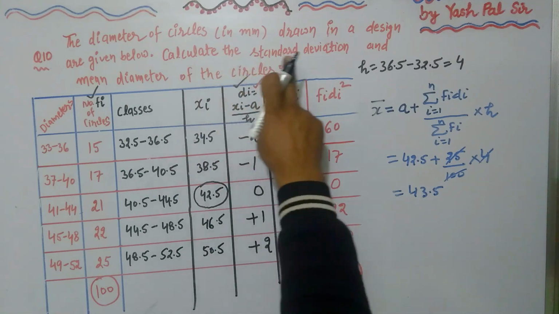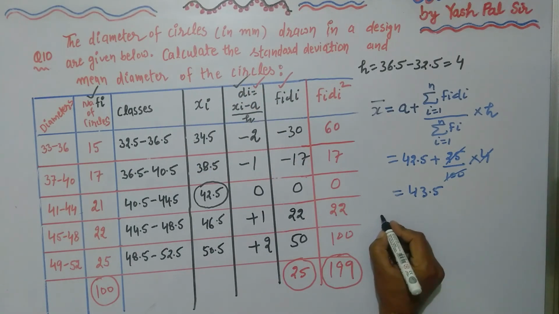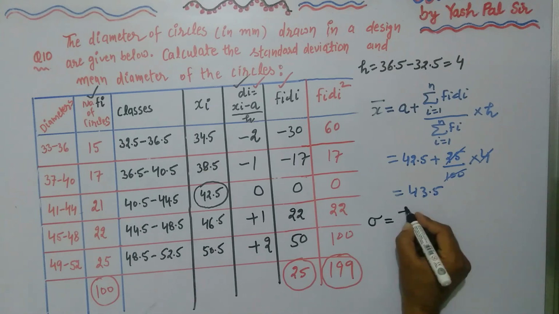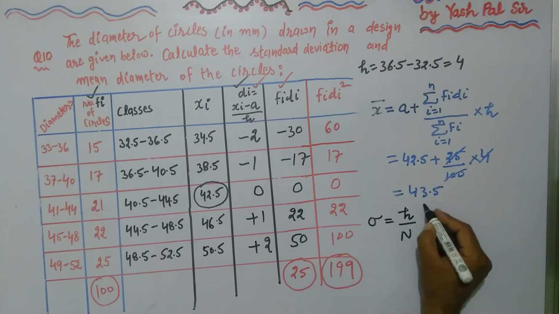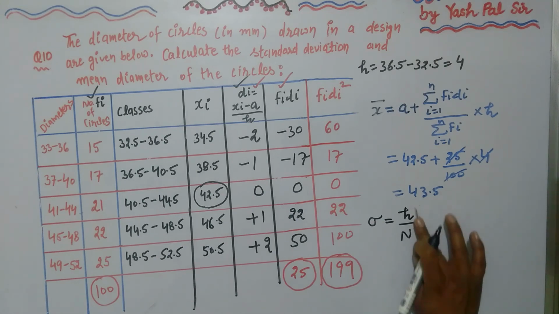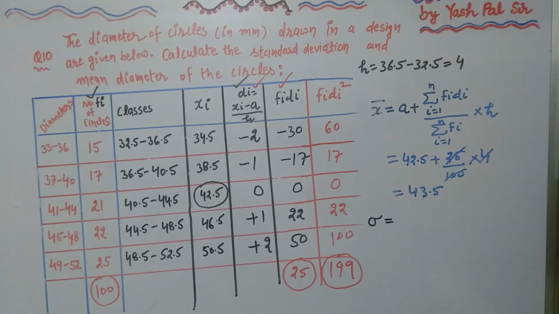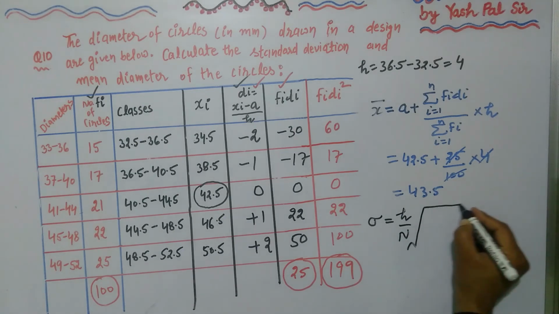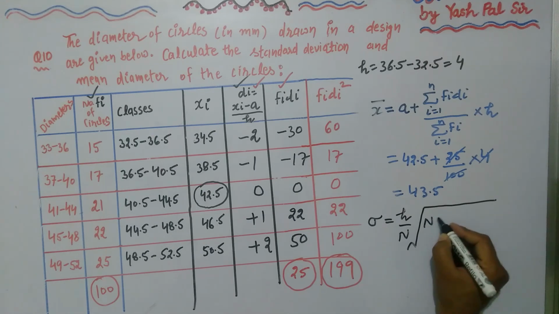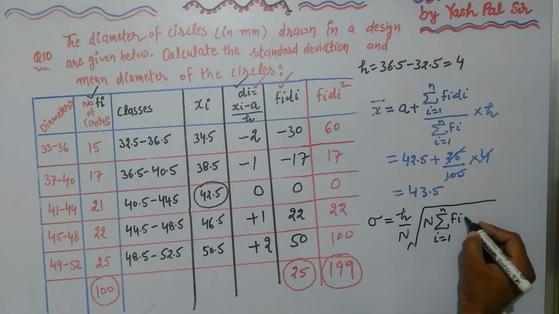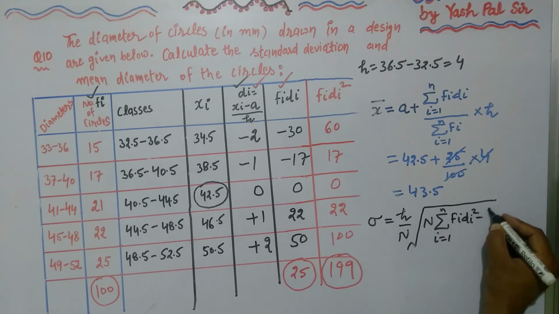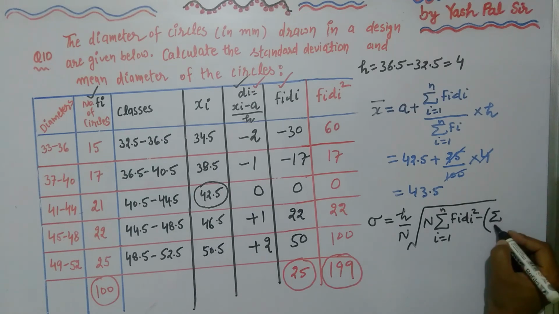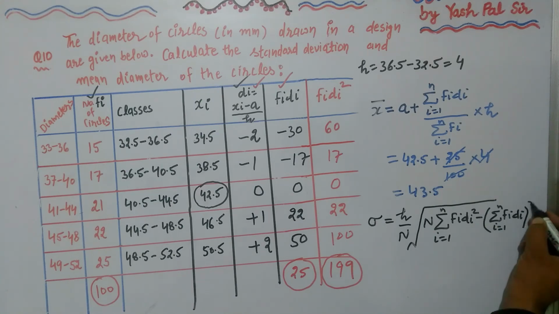Now we shall calculate the standard deviation. The standard deviation formula is sigma equals h divided by n, into the square root of n into summation i equal to 1 to n fi di square minus, bracket, summation i equal to 1 to n fi di, its whole square.